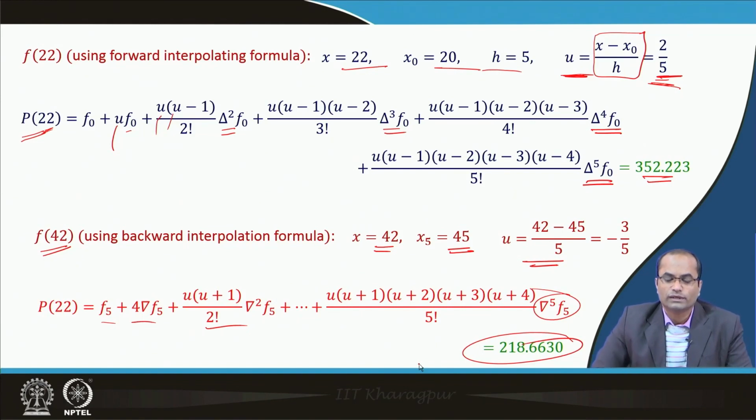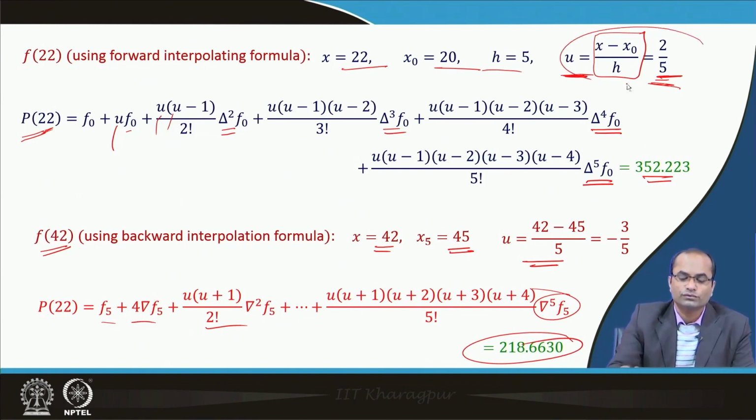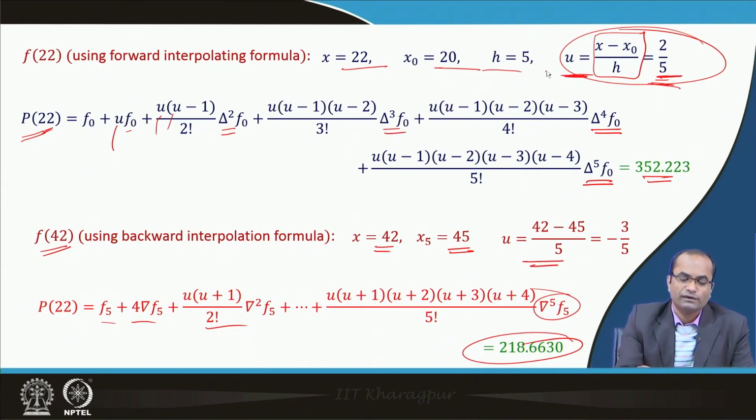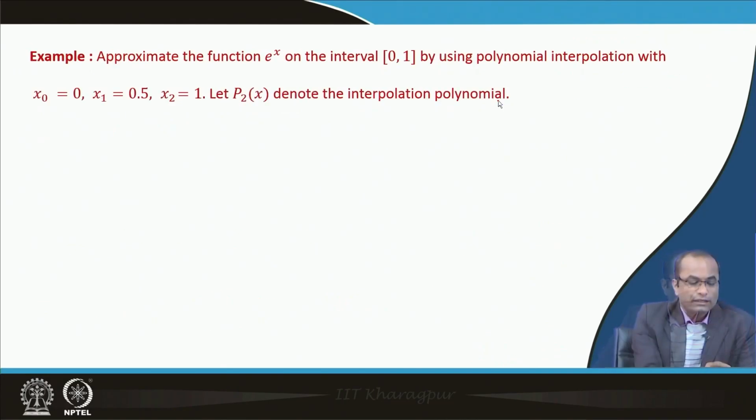So, here though we do not have to use this shifting of the variable, we can use directly, but these numbers will be a little big to compute, and therefore, we have used here this shift of the variable.